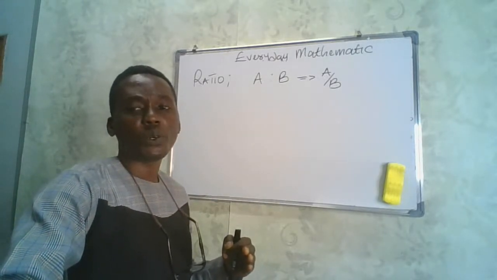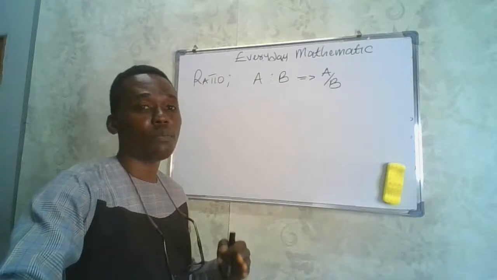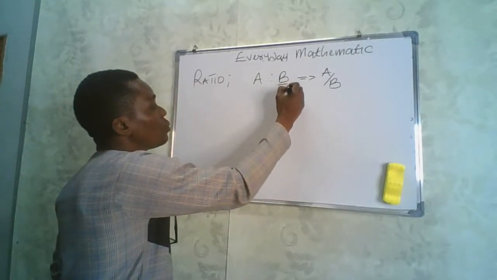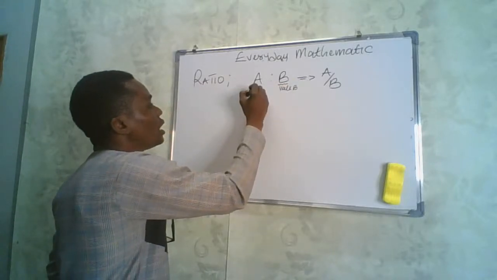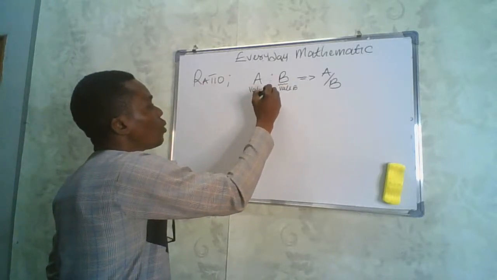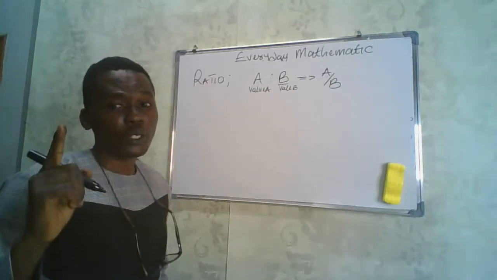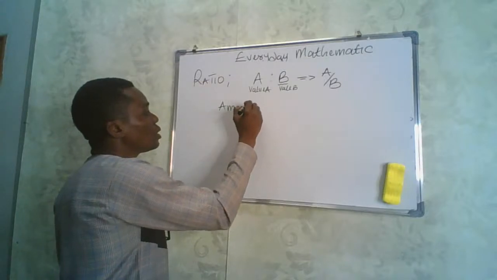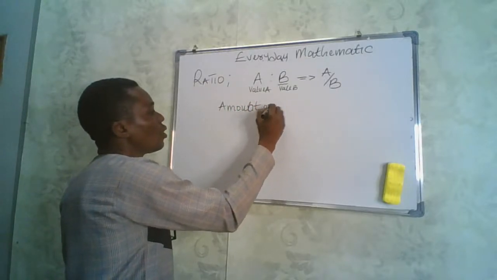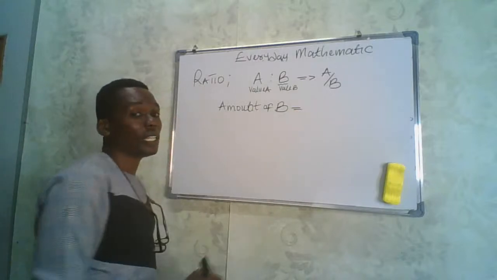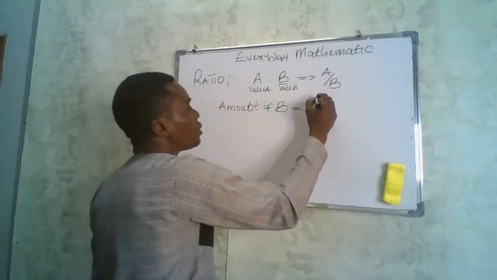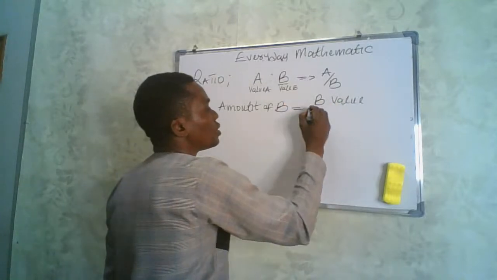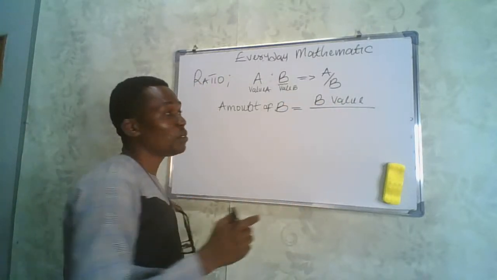Whenever you are given a ratio of A and B, and you are asked to calculate the value or the amount of A, always remember this general notation: the amount of A or the amount of B, let's take B, is equal to the B value in the ratio divided by the total ratio, always take note of it, it's very important.